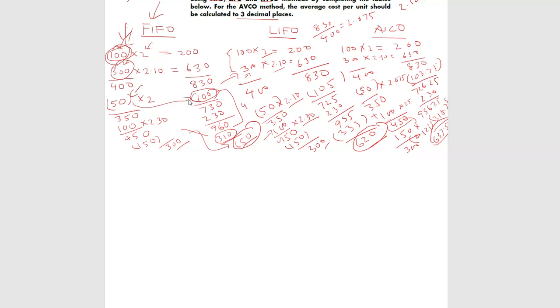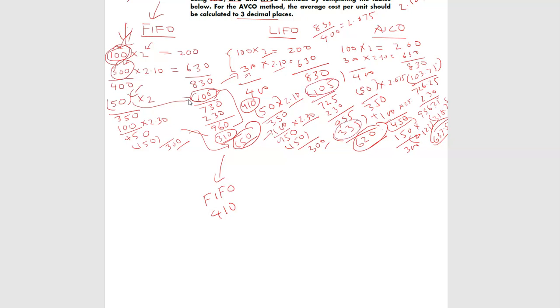So with the FIFO I have an issue price of 410. Then for the LIFO I have the same story, so you can see here we have 105 and we have 335, so 105 plus 335 gives me 440.